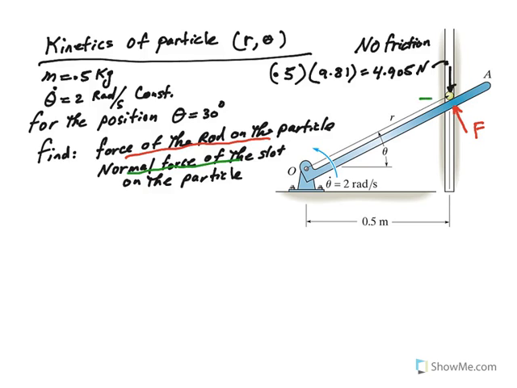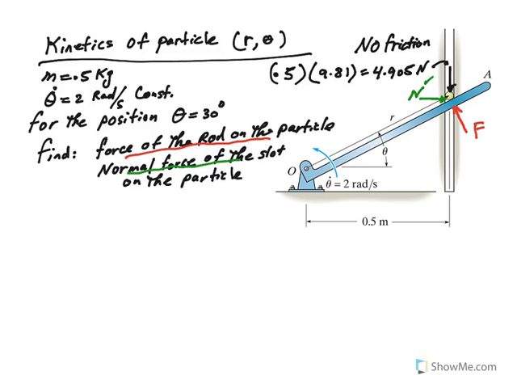That would be this force, which could be either pointing to the right or pointing to the left. The problem has to state that, so let's assume that the particle contacts only one side of the slot at any time. Now, I can pick this direction. If I get a positive answer, then the direction is okay. If I get a negative answer, I just change the direction.